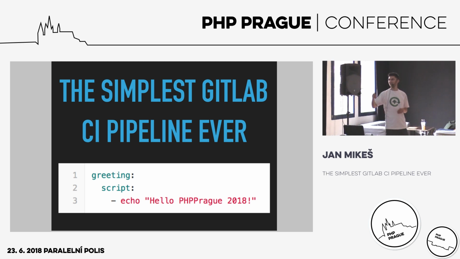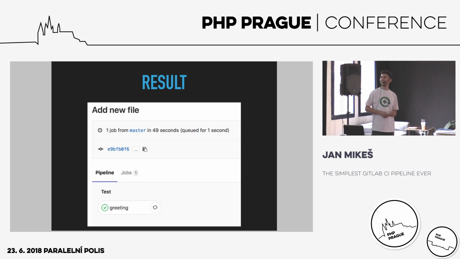And here you will see a result of this job. This is job definition. We will get to it later. And you can see our test or script or whatever passed. We can see nice green check.